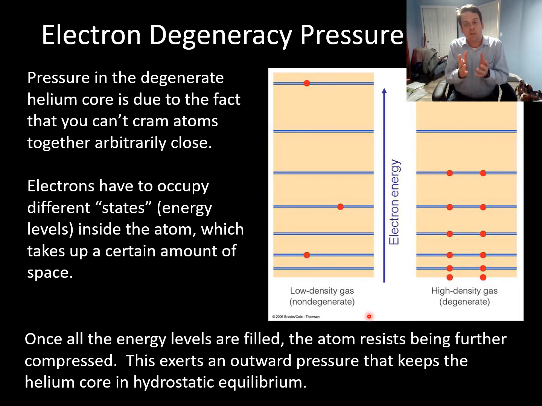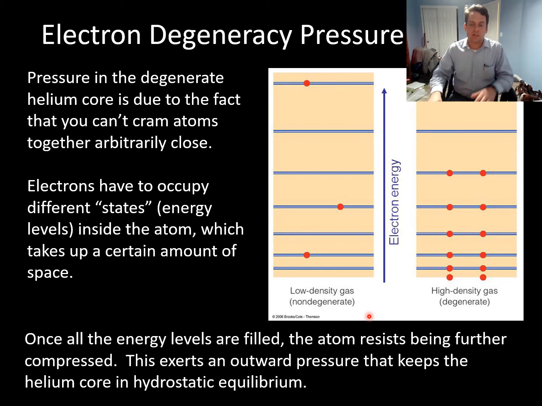But you can only put one electron per state. And typically that means 2 electrons per energy level, because electrons have something called quantum mechanical spin with a value of 1/2. We could spend a whole semester on quantum mechanics, and that would be a lot of fun for me, maybe for some of you, but again, that's not what this class is.